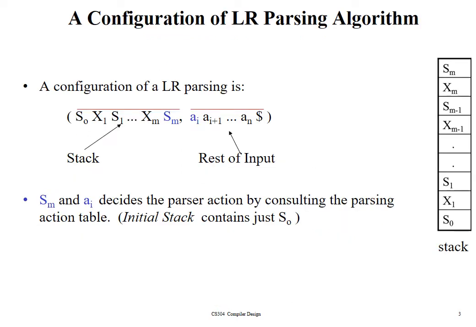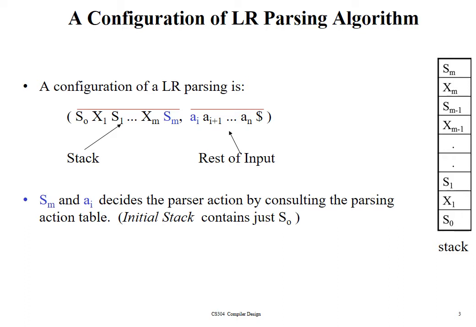The configuration of the LR parsing algorithm can be explained with the configuration of the stack as well as the input buffer. Here the stack contents are stored: S0, X1, S1, like that, at alternate positions a state symbol and a grammar symbol. Then the input buffer is shown by ai to an, and it is appended with a dollar at its right end.